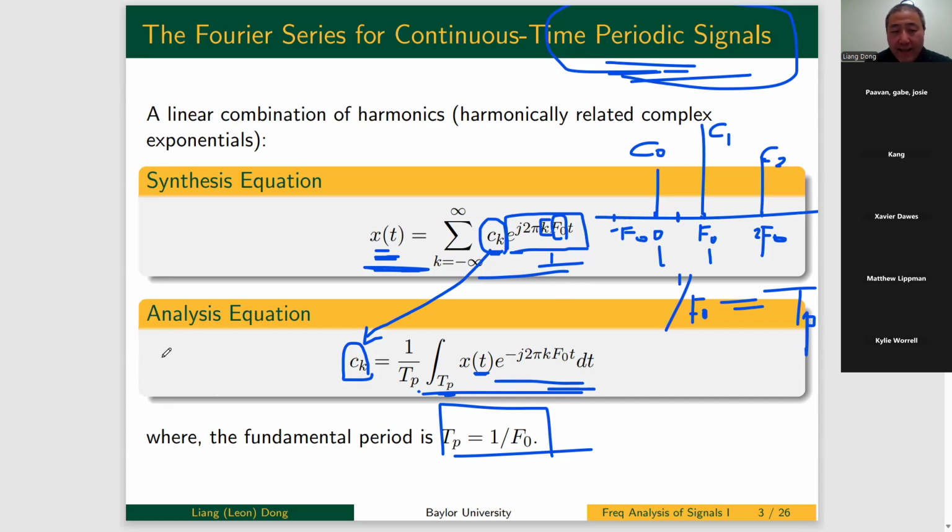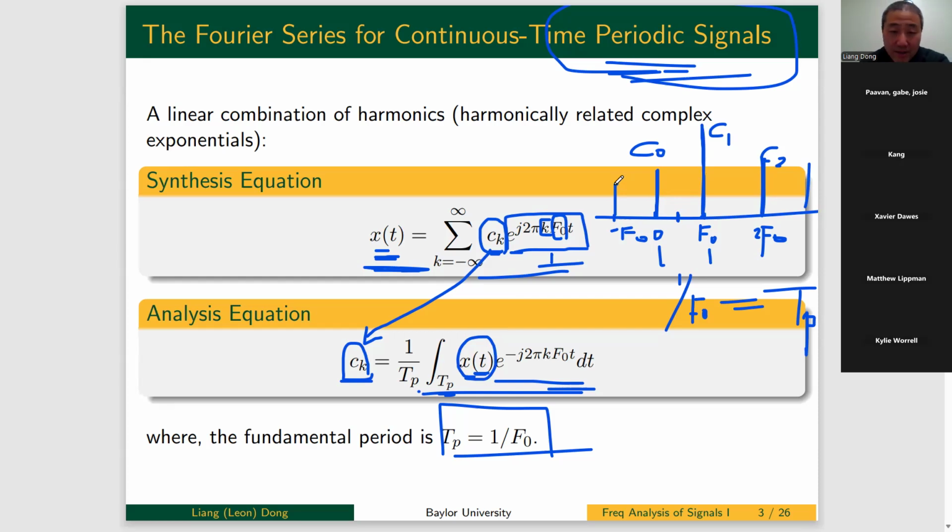We call this the analysis equation. I take my time domain signal, and it gives me the C sub k's. What are C sub k's? They are C0, C1, C2, and it continues, C3 and minus C1. They can be negative, they can be complex. These C's are a picture of the signal in the frequency domain.